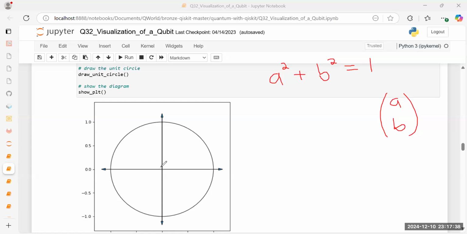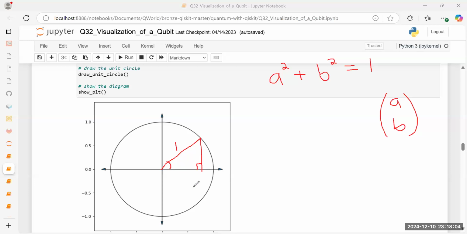We've already said that this is a unit circle, so the radius of our circle here is 1. From this, we're going to create a right angle triangle.